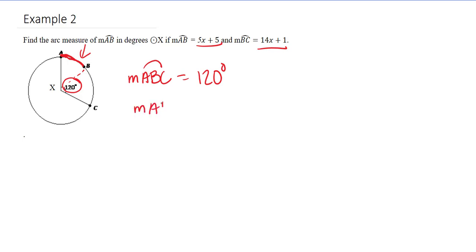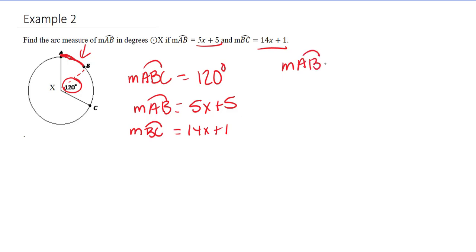So we know the arc measure of AB is 5x plus 5, and the arc measure of BC is 14x plus 1. If we add up the smaller arcs, it's going to be equal to the larger arc. So let's go ahead and substitute in all these values.